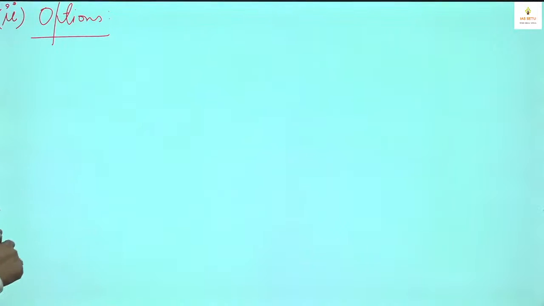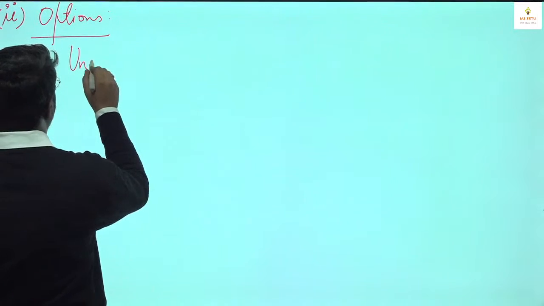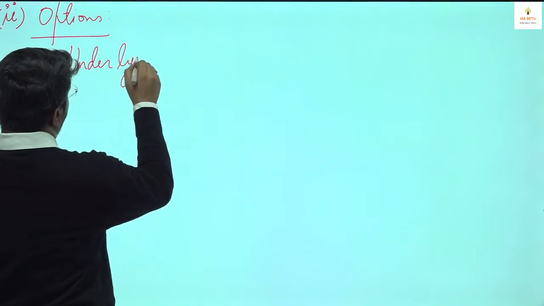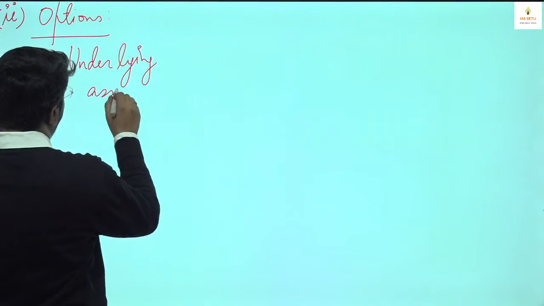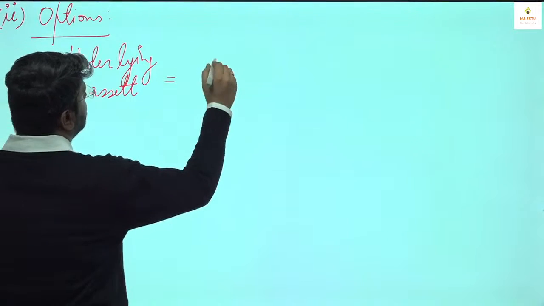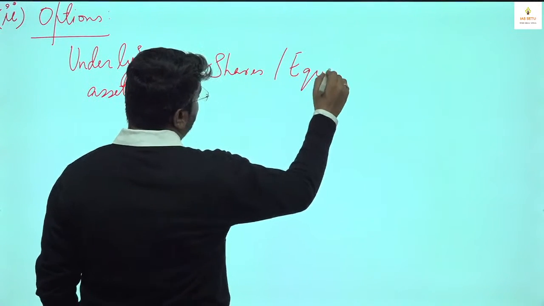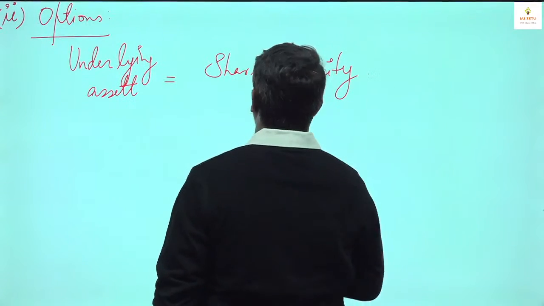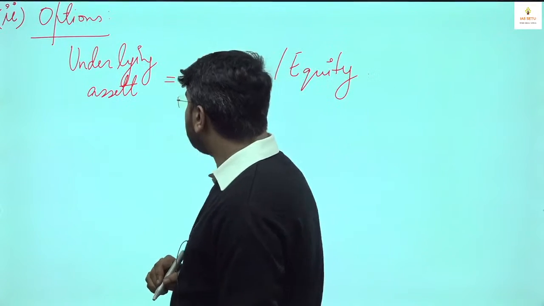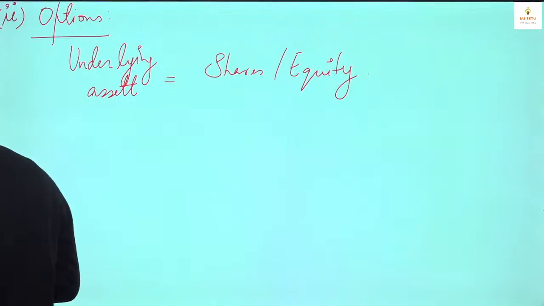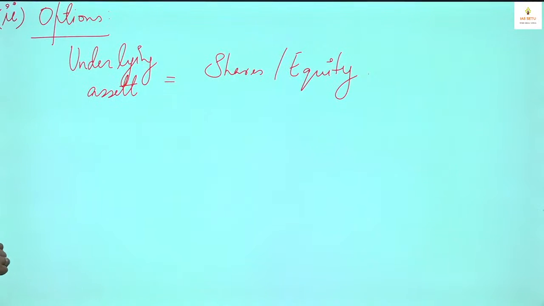So in the case of options, the underlying asset is again your shares or equity only. But there is something extra in options. What is that something extra?